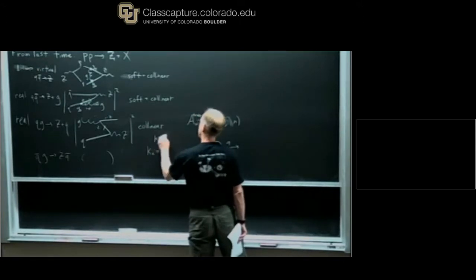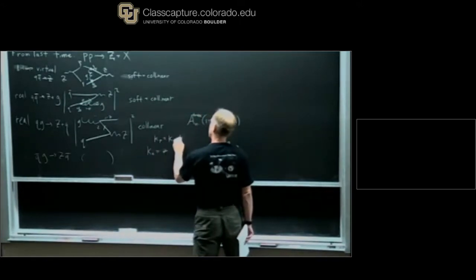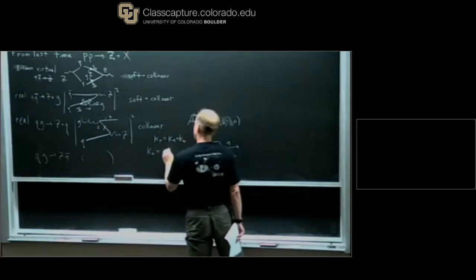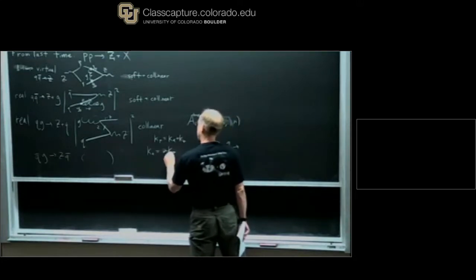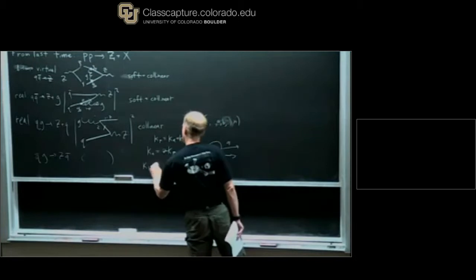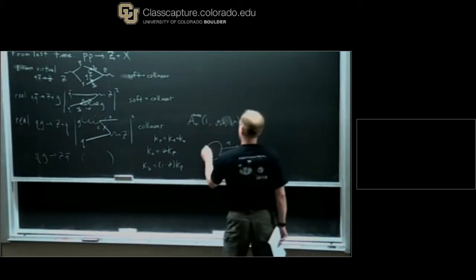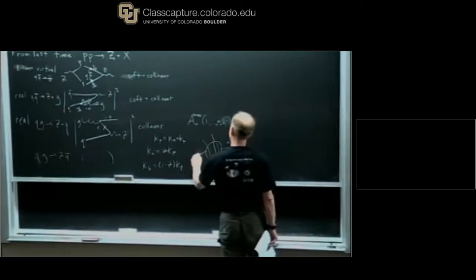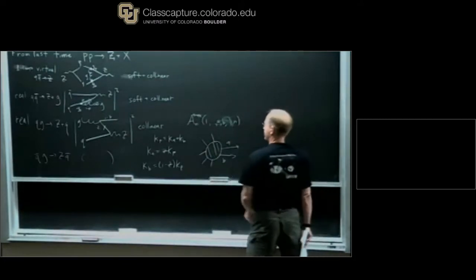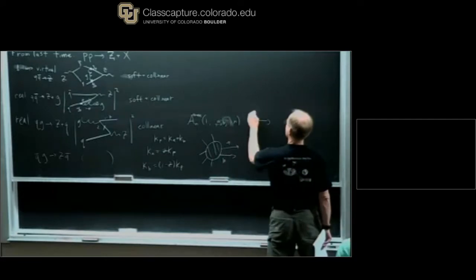So we'll define K_P to be K_A plus K_B. And we'll take K_A to carry the fraction z, and K_B the fraction 1 minus z. So we have a generic amplitude, except that two of its legs are almost parallel.